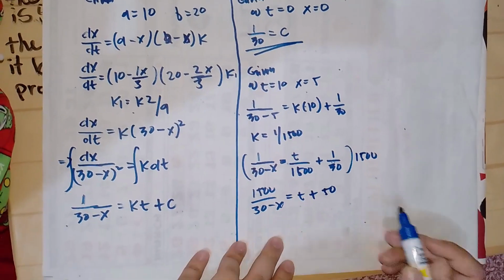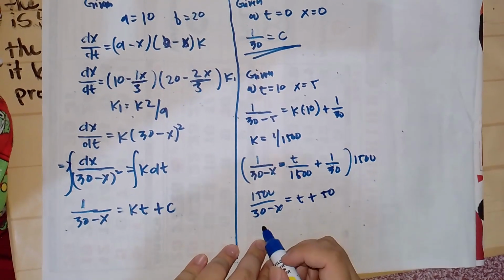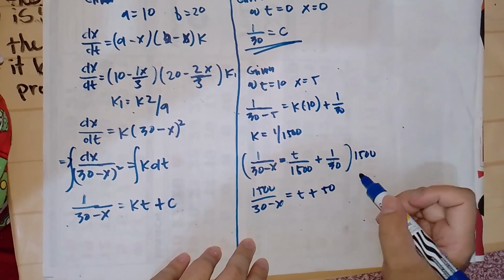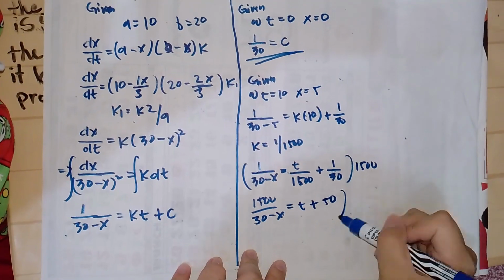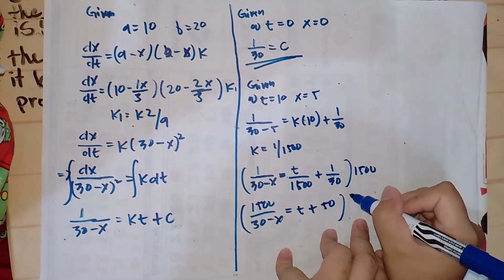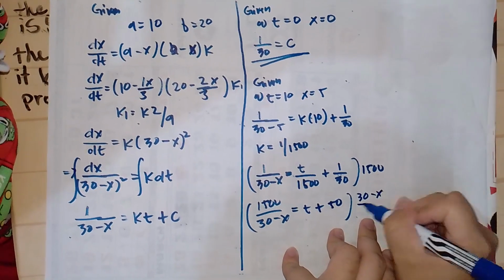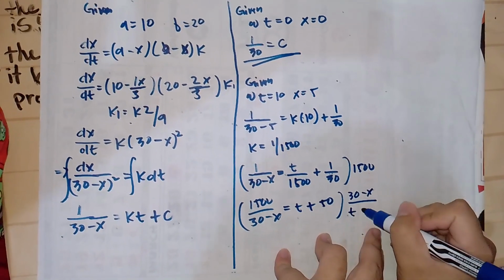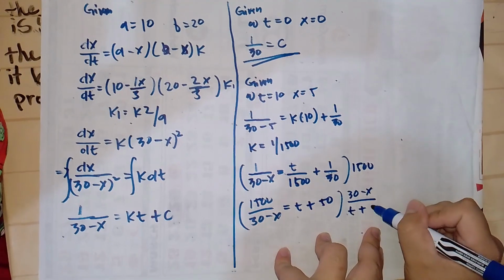Now next is to multiply both sides of our equation by 30 minus x over t plus 50.